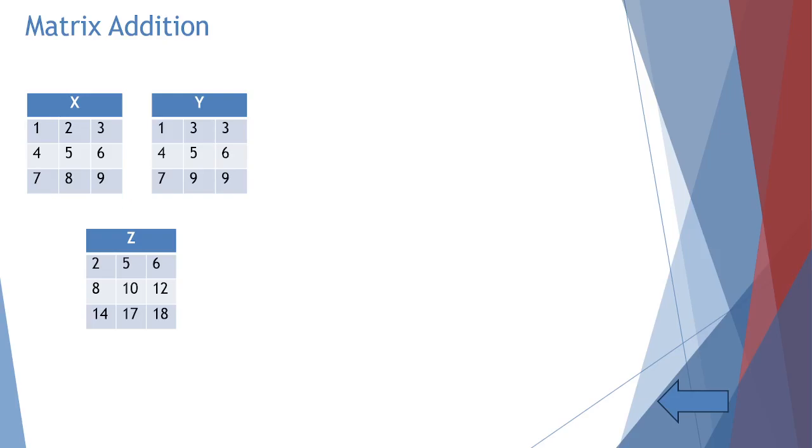See, 1 plus 1 is 2. 2 plus 3 is 5. Then 3 plus 3 is 6. So this is matrix addition. Each element will be added, x plus y. X of 0, 0 and y of 0, 0 will be added and stored in z of 0, 0.